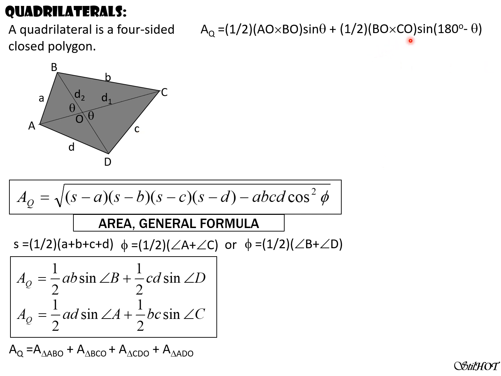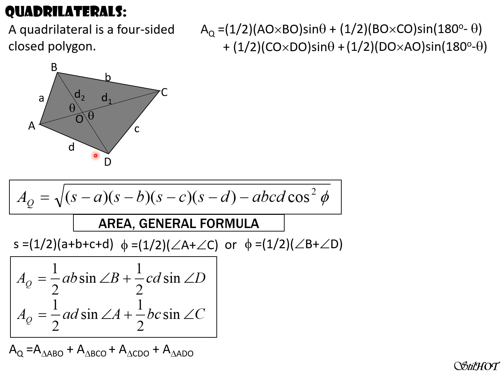Remember, 1/2 the product of adjacent sides times the sine of the included angle. Then the area of triangle CDO, 1/2 of CO DO sine of theta. And finally, 1/2 of AO DO sine of 180 degrees minus theta.